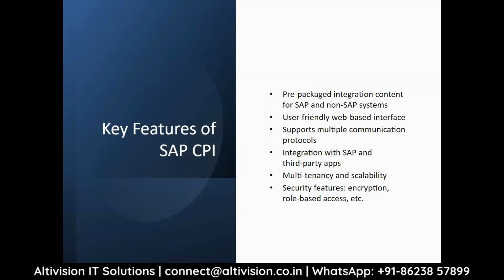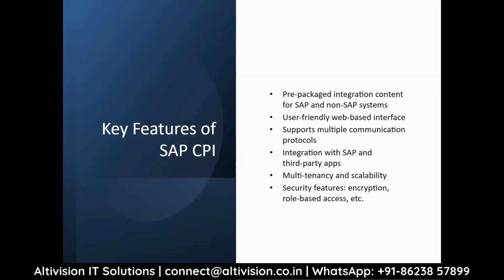After that we will also discuss the pre-built, pre-packaged integration content provided by SAP for SAP to SAP or SAP to non-SAP systems. We have already seen that we will be creating inbound and outbound integrations in SAP CPI.